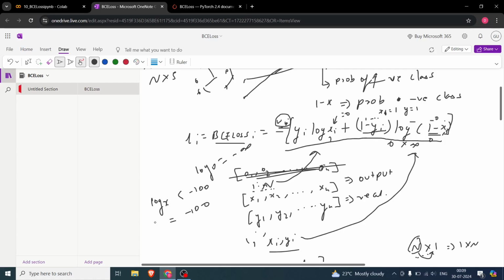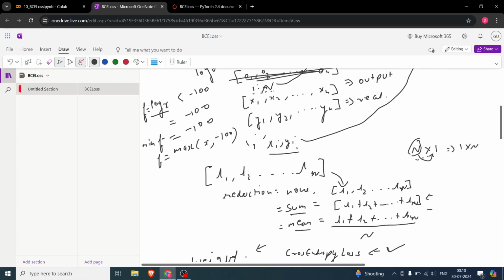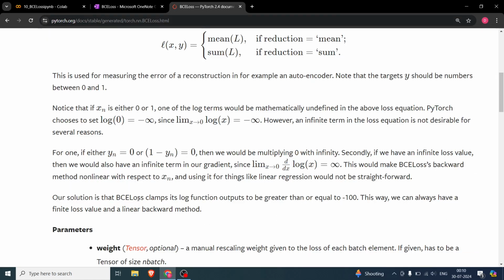So if f is the function, then max of f is max of x comma minus 100. This is how it is going to work. That is the theory that I had to explain over here.